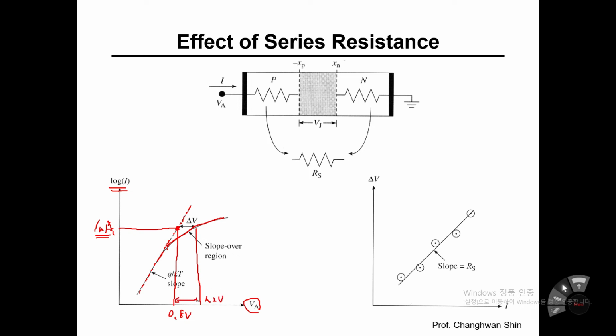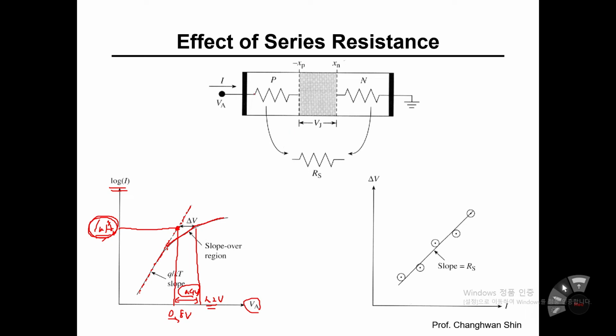So how come 0.4 volt more is necessary to achieve 1 milliamp current? The ideal diode equation says you need 0.8 volt to achieve 1 milliamp. However, in reality, you need to apply 1.2 volt. Why is that? How has this voltage loss happened?